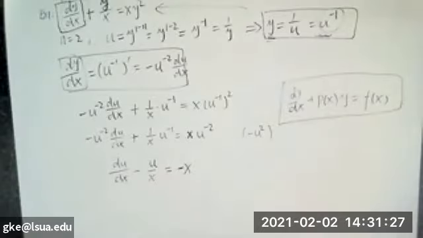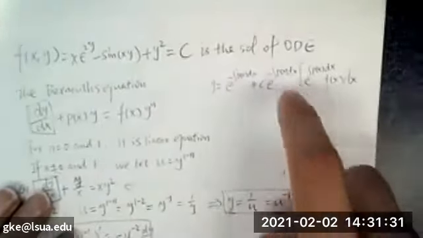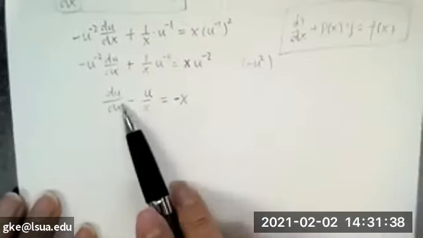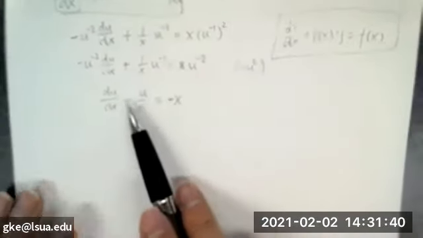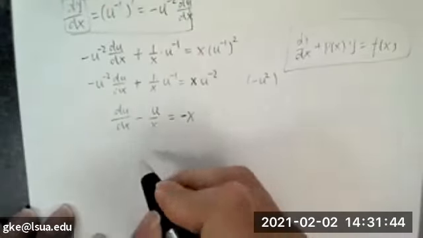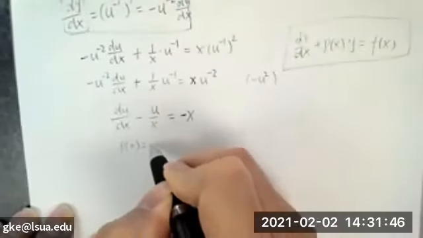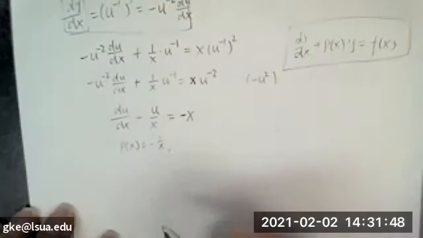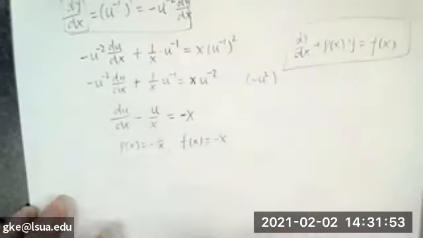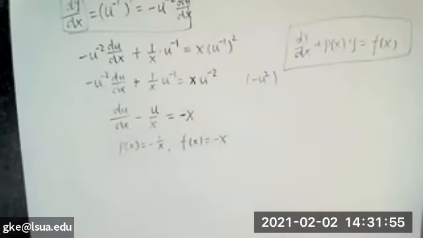So this has a solution like that. Now you can solve it, because now the y is u. So p(x) here is negative 1 over x, and f(x) equals negative x. That's it. Now we're going to use the formula we learned before and just solve it.